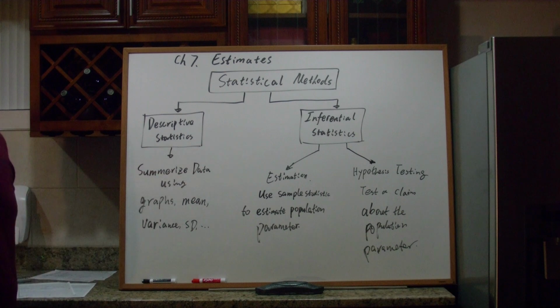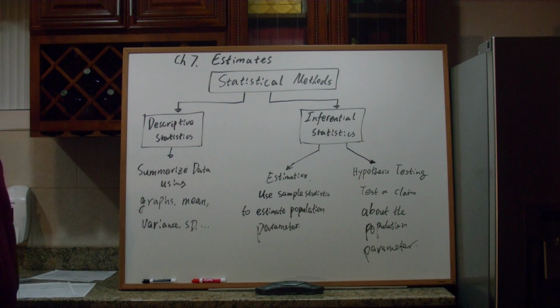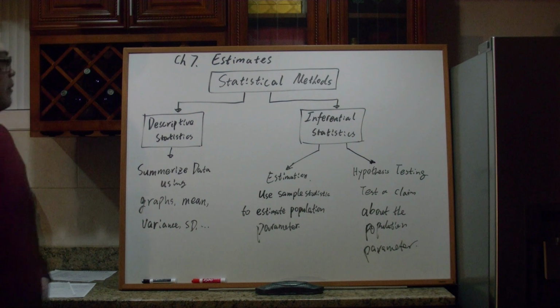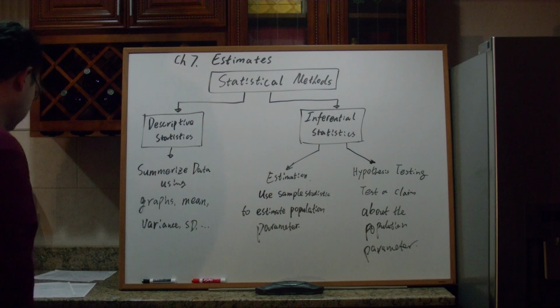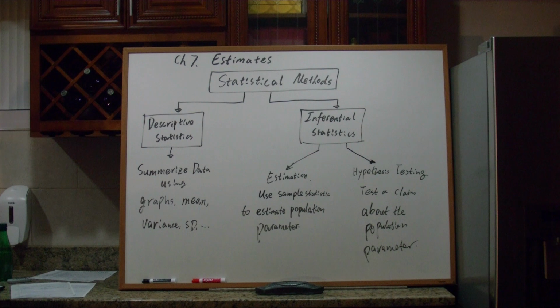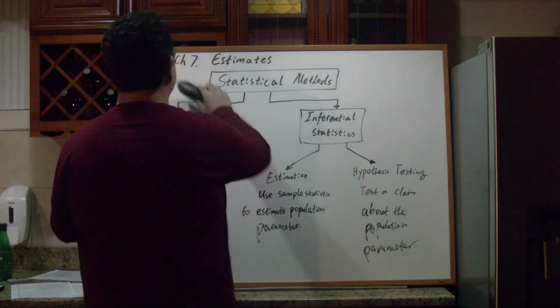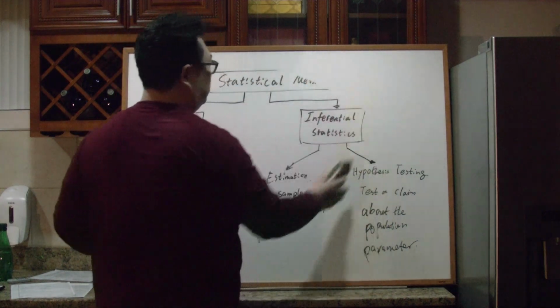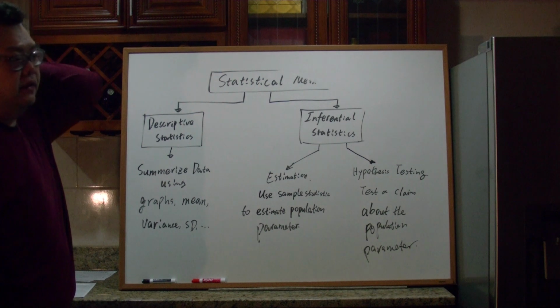Actually, in chapter 8, for hypothesis testing, that is what we are going to do, and things will be a bit more detailed in that chapter. And in this chapter, we'll go to the estimation, which uses the sample statistics to estimate the population parameter. So those two things are what we do for the remaining chapters.